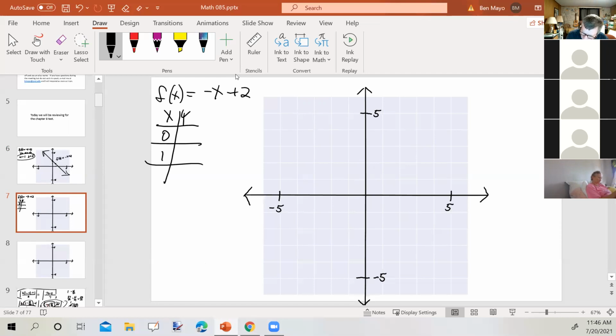If x is 0, I've got y equals negative x plus 2, right? Because f of x is the same thing as y. So y equals negative 0 plus 2, which is 2. So 0, 2, there's 1 point. When x is 1, y equals negative 1 plus 2, which is 1. So when x is 1, y is 1, there's the second point, 1, 1.